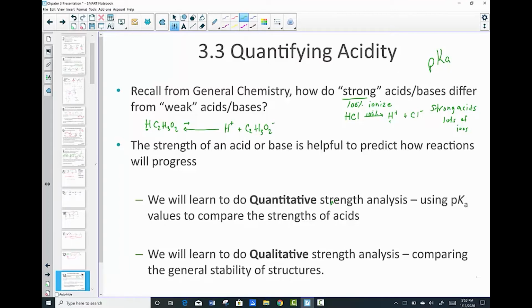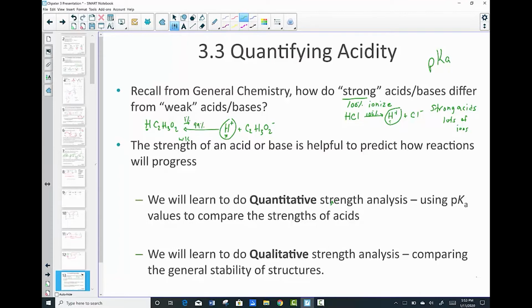Weak acids don't give me as many protons in water. So this represents a very weak acid favoring the left side of the arrow. As a matter of fact, about 99% of the dissociation lies to the left of that equation. So comparing the terms strong versus weak relates to the degree of ionization. How successfully can the acid dissociate to form its aqueous ions?